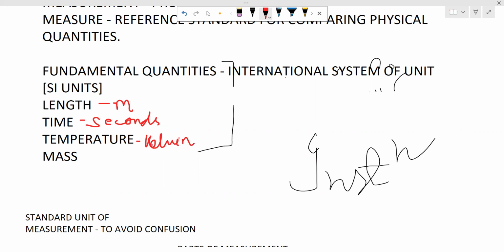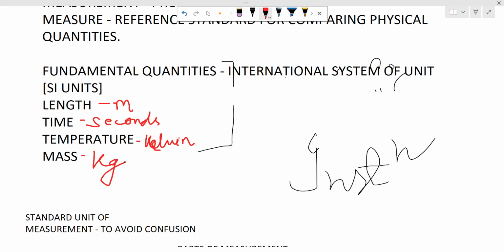It is K, not O. KELVIN. The international system unit for mass is kilogram, kg. So these are the international system units used for the fundamental quantities.